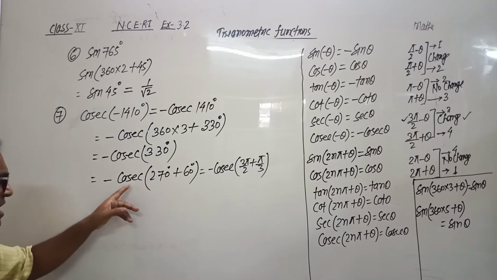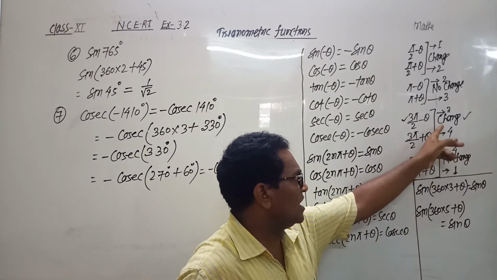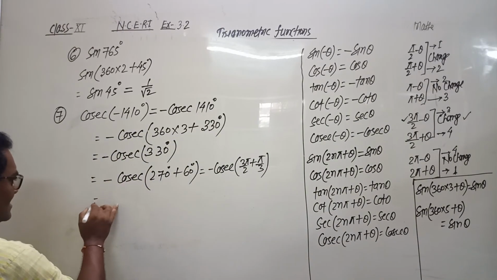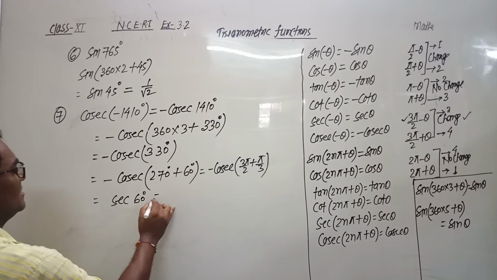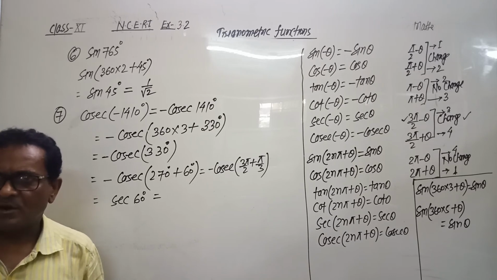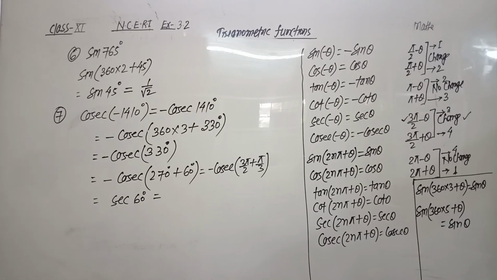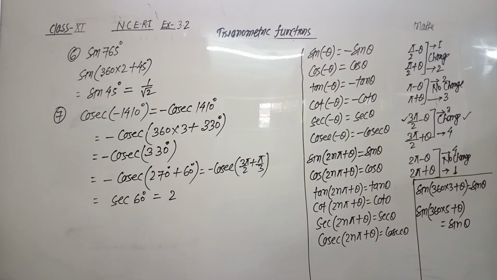Already there was a minus sign, so minus minus is plus, and we get sec 60 degree or pi by 3. We know sec 60 degree is the reciprocal of cos 60 degree, and cos 60 degree is equal to 1 by 2. So sec 60 degree will become 2. So we get the result. The answer is 2.